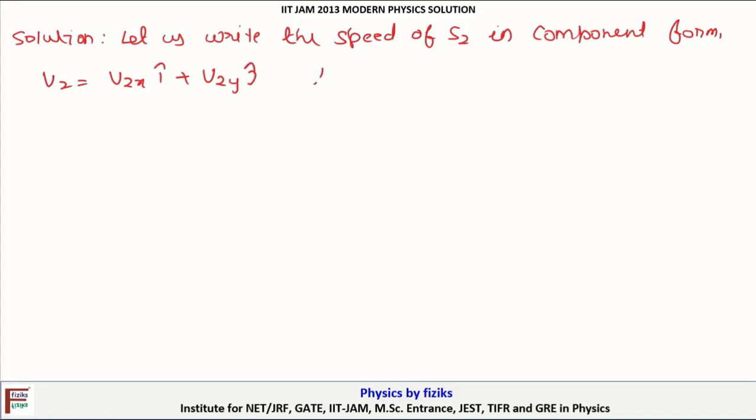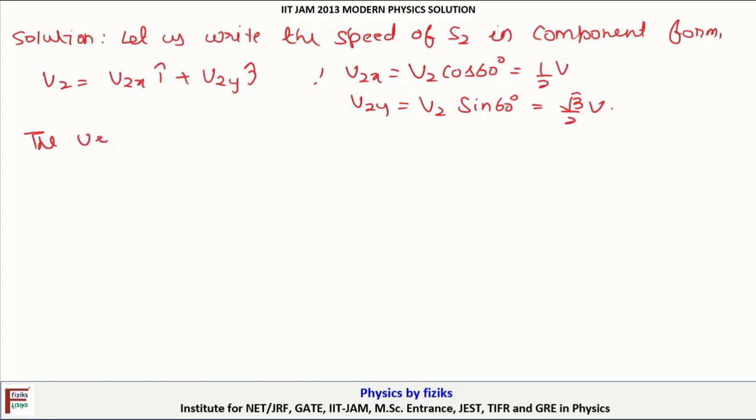Further, V2x = V2 cos 60°, that is 1/2 V, and V2y = V2 sin 60°, that is √3/2 V, and the velocity of spaceship S1 is V1 = 0.6c.